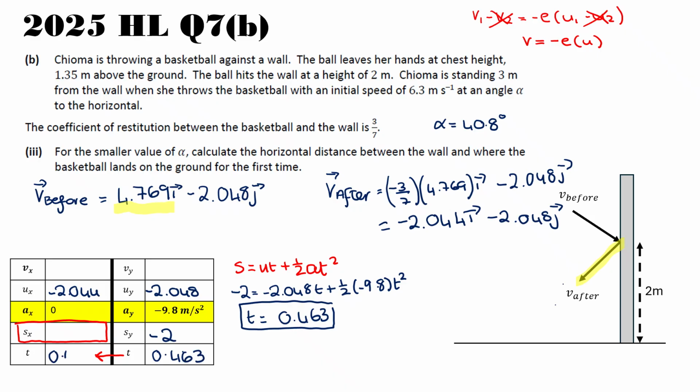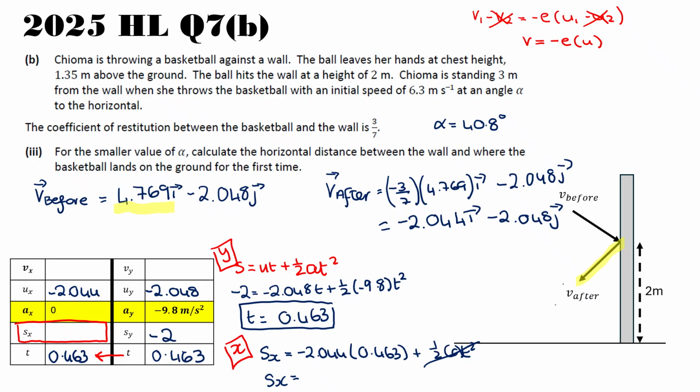That pops in there. Then in my x direction, s, which we don't know, is equal to u, minus 2.048, times t, 0.463, plus a half times 0 t squared. That's all gone.